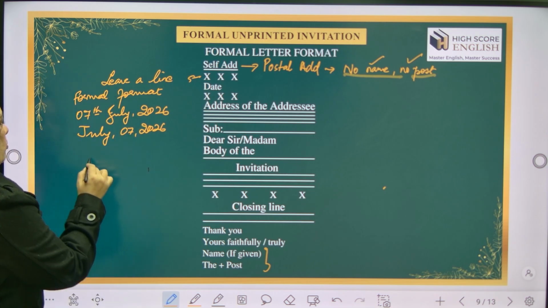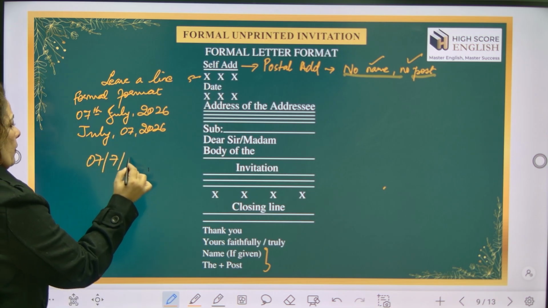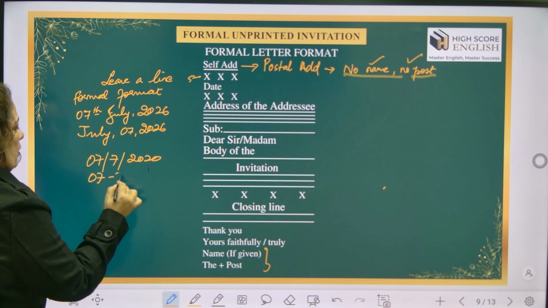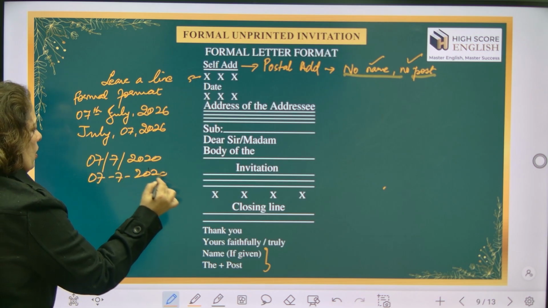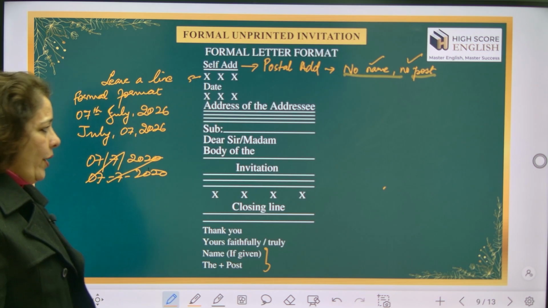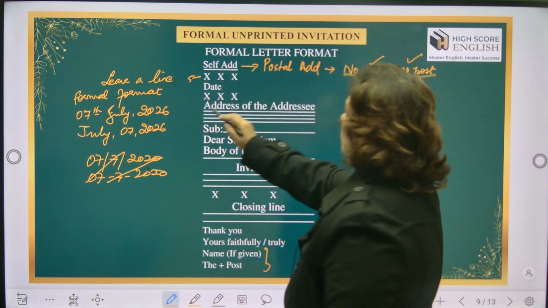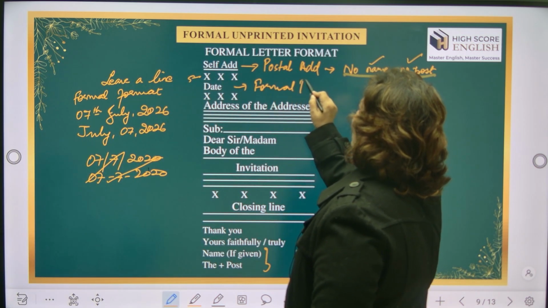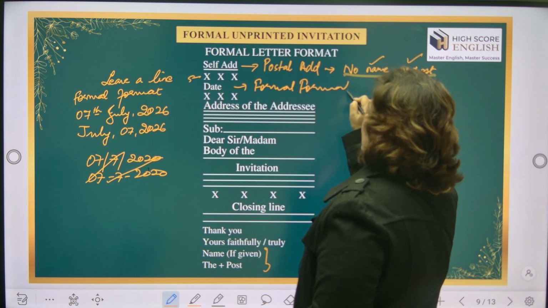You are not going to write it this way. This is not the way to write. So the date is going to go in a formal format. Keep this thing in mind.